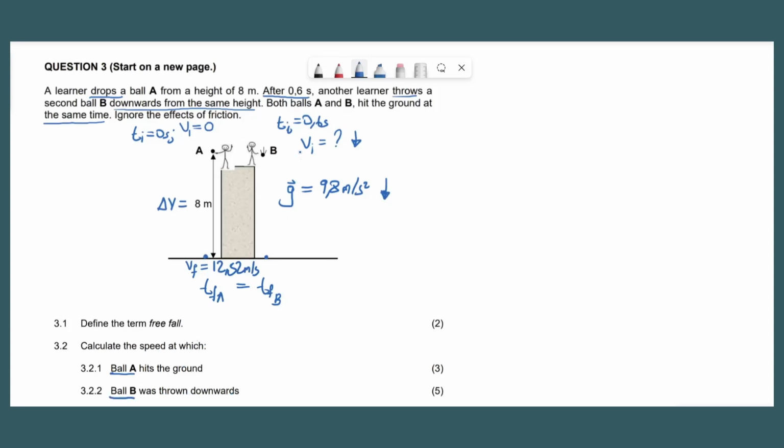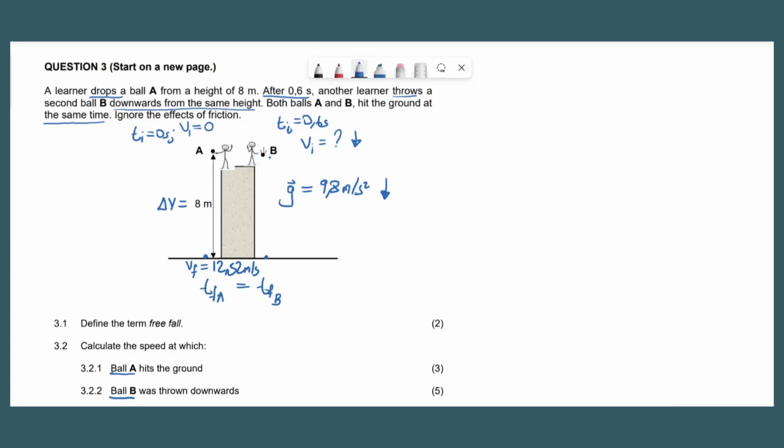And so basically they are asking us to find this initial velocity, which we had noted when we were analyzing our question. And of course, as we had already noted, the only information that we have regarding ball B is its change in position since it was thrown from the same height as ball A. And of course, its acceleration is going to be g.